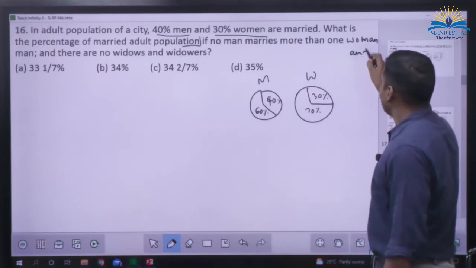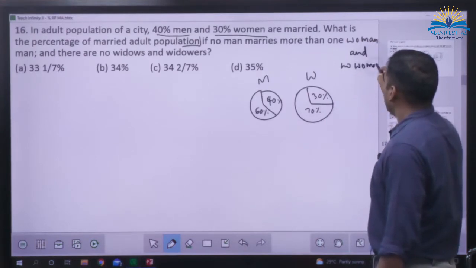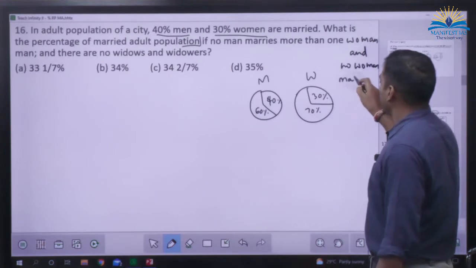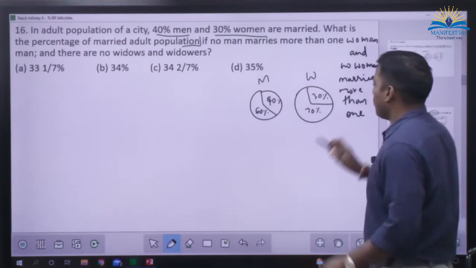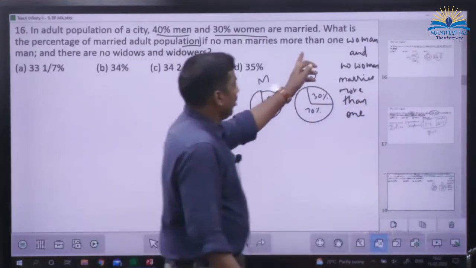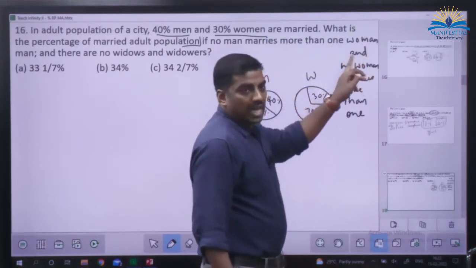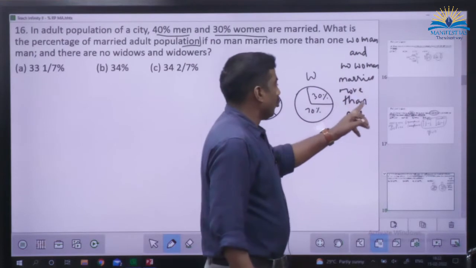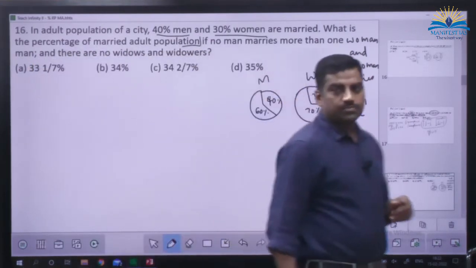And no woman marries more than one man. Okay. No man marries more than one woman, and no woman marries more than one man.